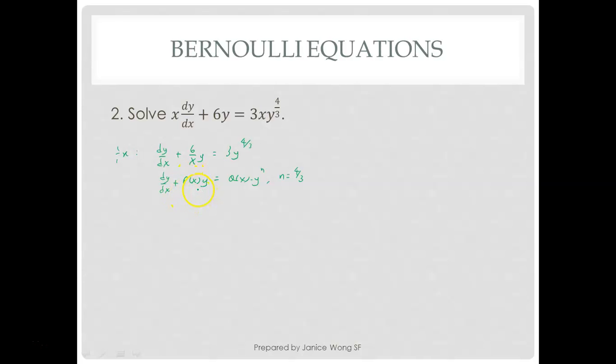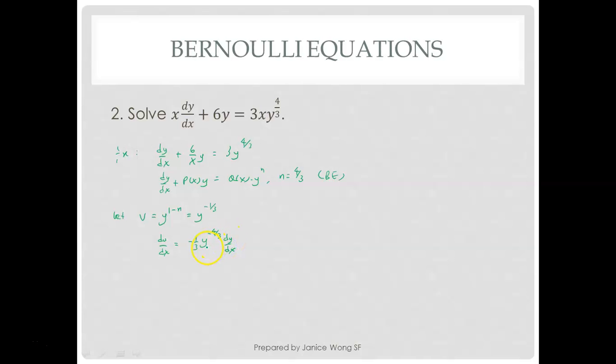So for the Bernoulli equation, let v equal y to the power of 1 minus n, which means y to the power of 1 minus 4 over 3, negative 1 over 3. Let's differentiate with respect to x. dv over dx will be equal to, bring the power down, power minus 1, dy over dx.